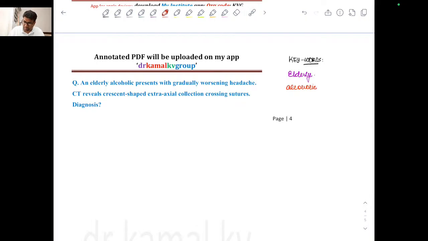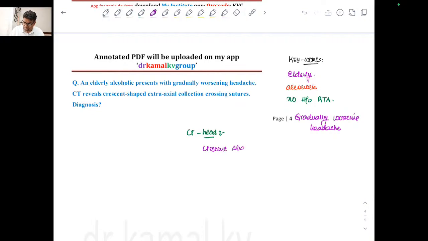Now please note that there is no mention of road traffic accident, right? So there is no history of, you can say, road traffic accident. I am just adding it from my side. Then the complaint is gradually worsening headache. Now the CT scan of head, what is it showing?